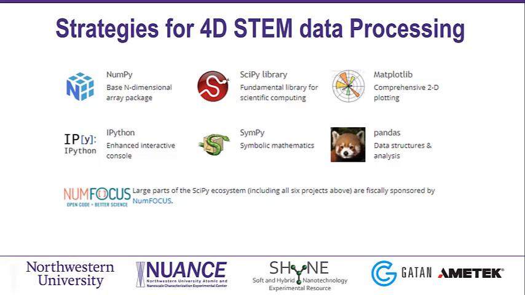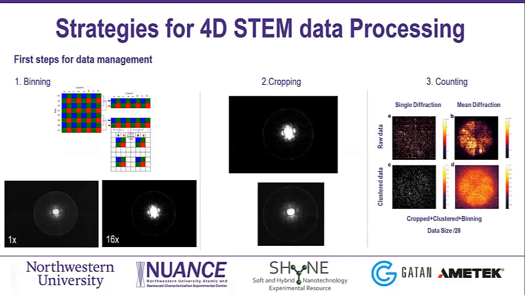Before we start, as I mentioned earlier, there are a few strategies for data management, which is important before you even start your processing. Three of them that I want to highlight, which we talked about a lot over the last few hours. One is binning the data. You may not need a lot of pixels, and you might reduce your data size just by binning.